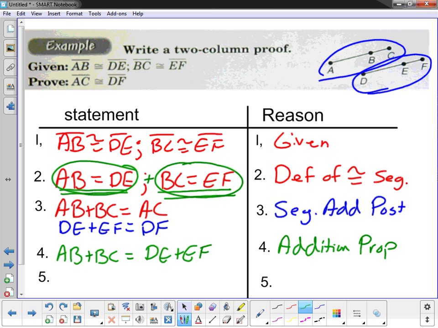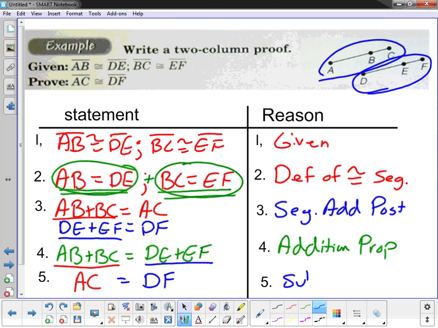Well, now if I look carefully, this AB plus BC was written up here as AB plus BC. It was AC. And if I look also, I got DE plus EF, DE plus EF. That's DF. So now I'm going to replace the AB plus BC and the DE plus EF with these other two.